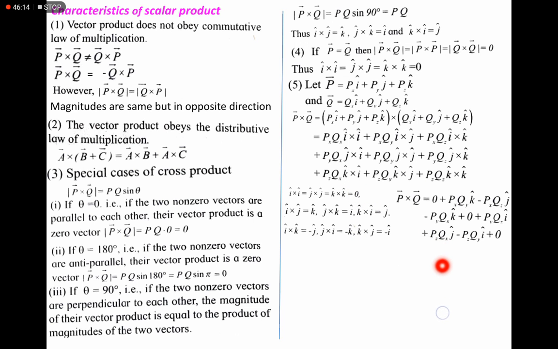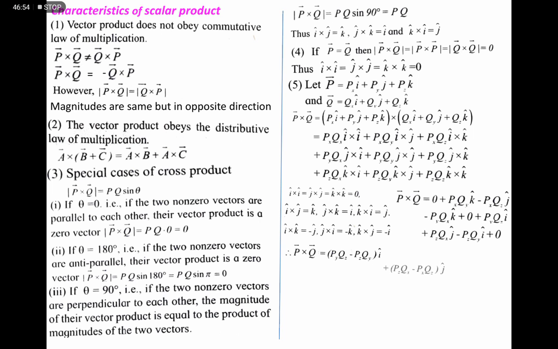Now similar unit vectors together: here i bar with py qz, and next over here pz qy. These terms together, so we'll write p bar cross q bar is equal to this one, that is (py qz minus pz qy), and i bar is common, so outside the bracket.